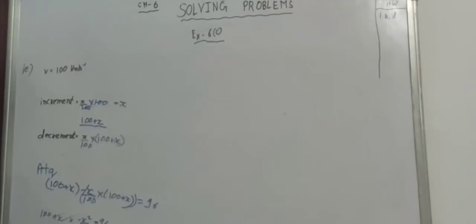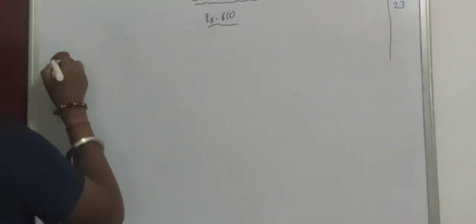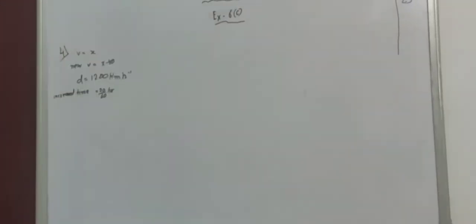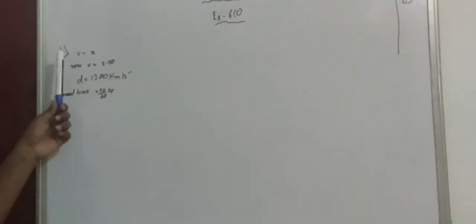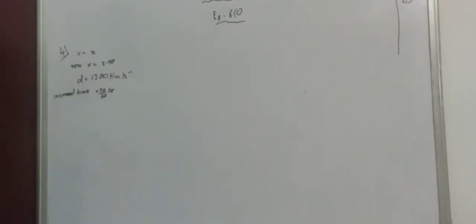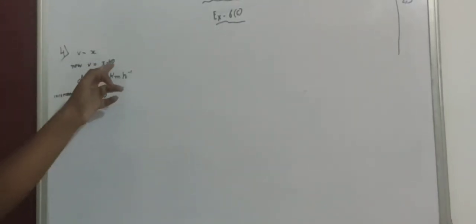Part 2: numbers 2 and 3 are homework. I will solve number 4. So friends, in question number 4, you are given a velocity, let it be x. The new velocity is decreased by 40 from the initial velocity, so x minus 40.